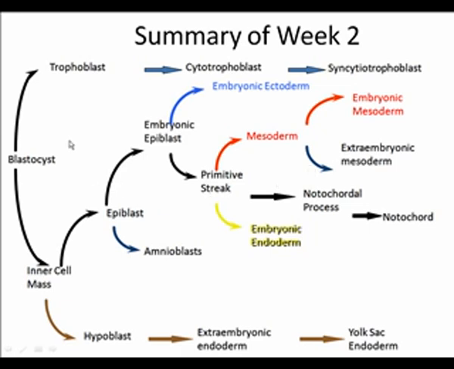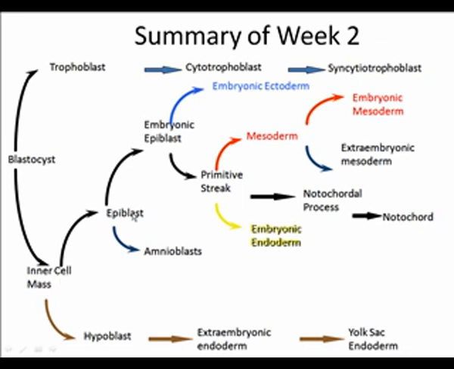This is a review of a previous lecture in which we talked about the blastocyst having a trophoblast and an inner cell mass. The trophoblast gave rise to the cytotrophoblast, which gave rise to the syncytial trophoblast, and these are the components from the fetus that contribute to the placenta. We also talked about the inner cell mass and how that gave rise to the epiblast.